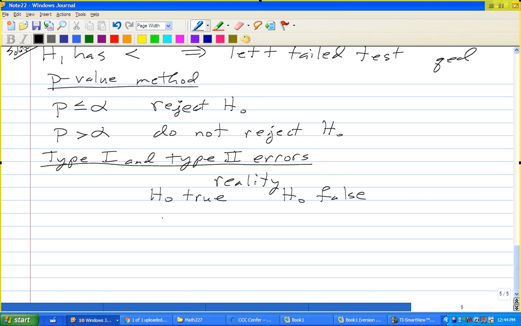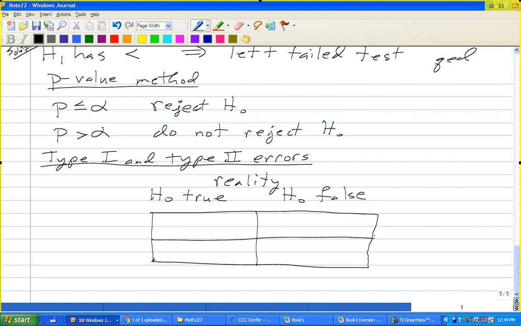Now we perform our hypothesis test. And so when we perform it, we'll make some sort of decision. And either we will reject the null hypothesis, or we do not reject the null hypothesis.